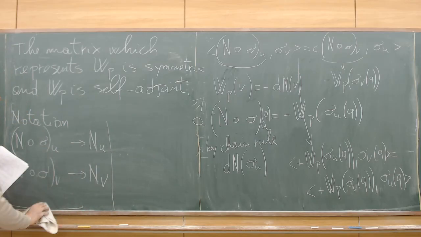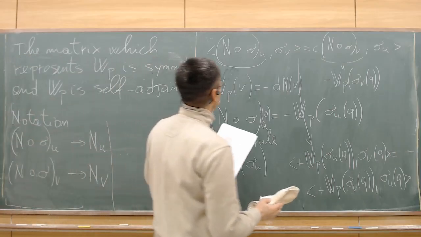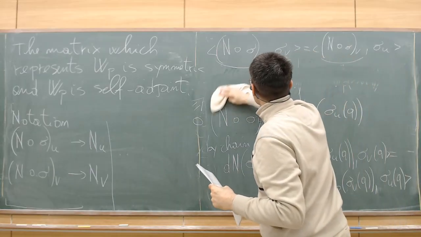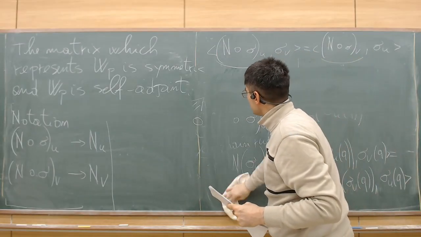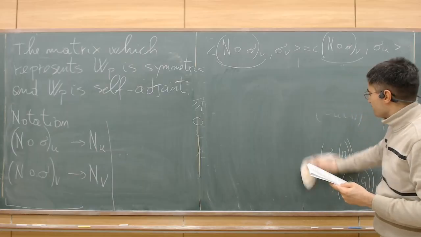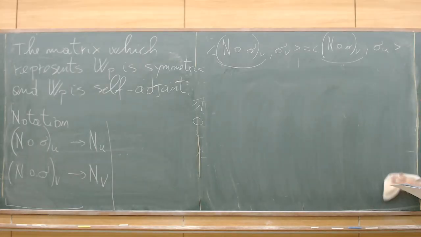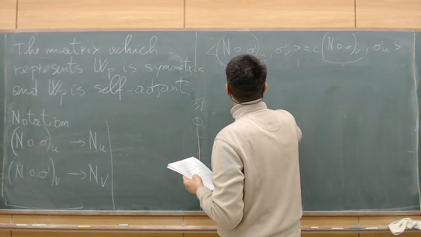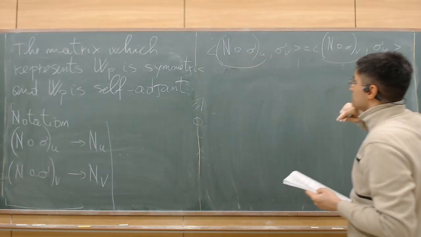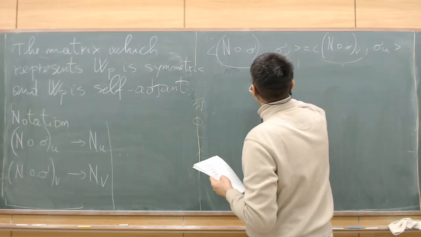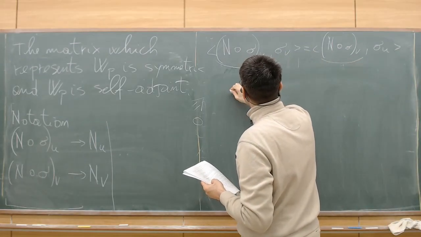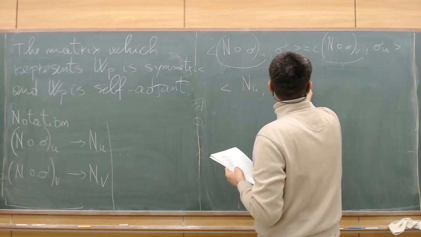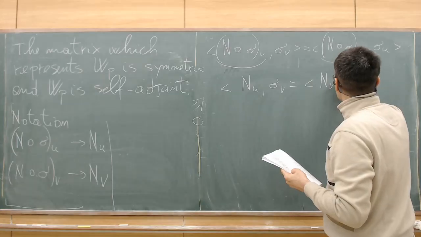The computation we made before, maybe I should write it. Okay, it's enough. So this will be written as NU sigma V equal NV sigma U.